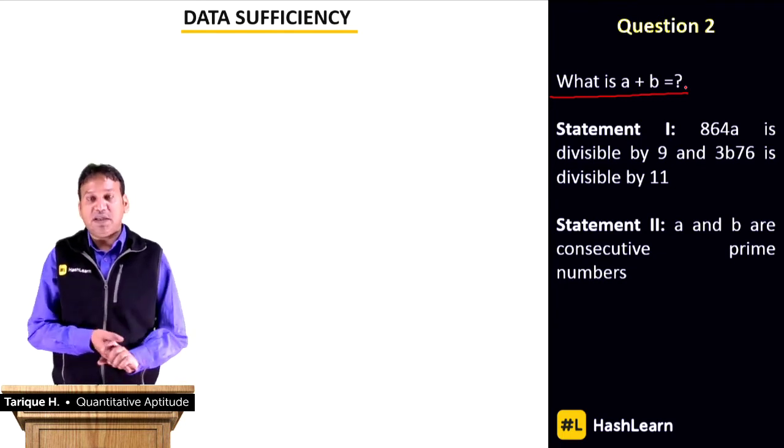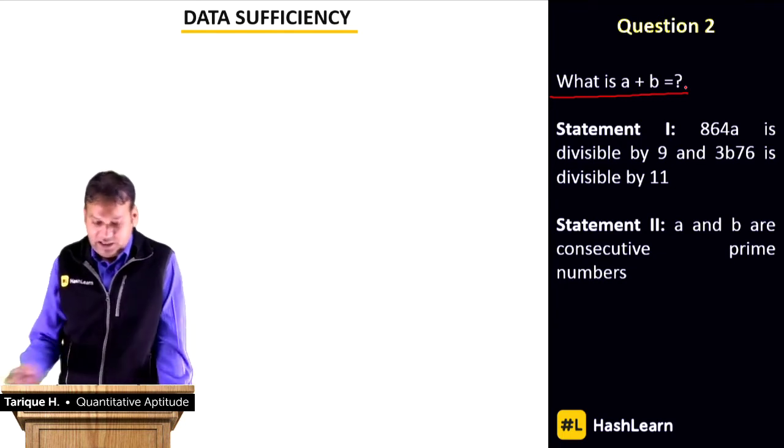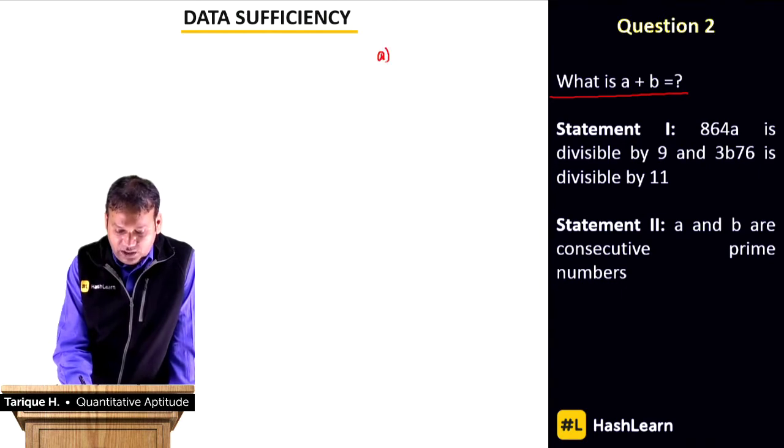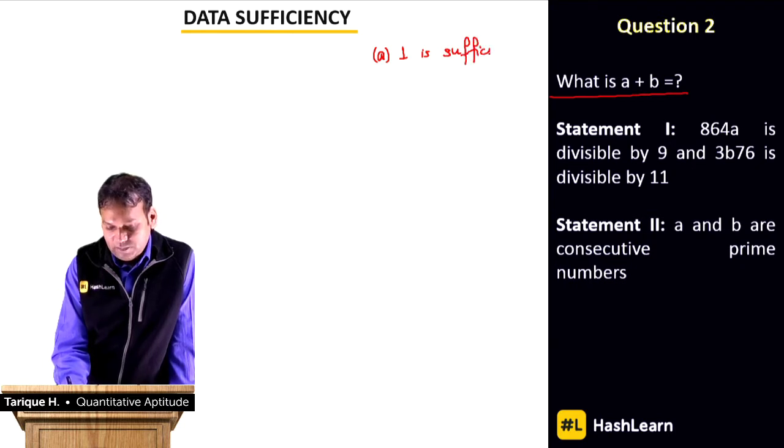So what you have to post is the answer. You write A if you believe that 1 is sufficient, and you'll post the answer as B if you believe that 2 alone is sufficient. I'm just writing in short here. You'll post the answer as C if you believe that 1 and 2 together are sufficient.